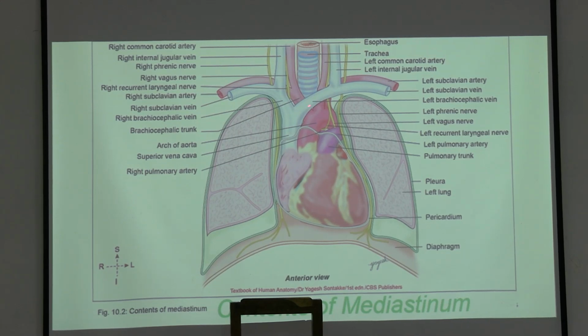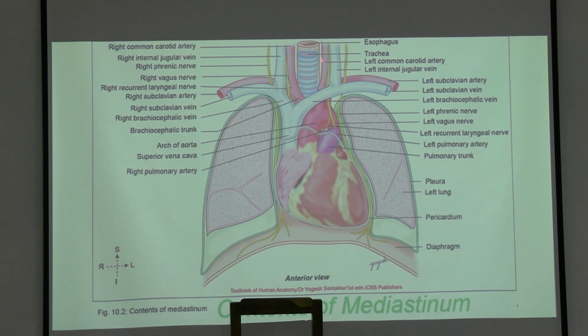We can see vein, artery, nerves, and also we can find this is the windpipe, that is the trachea, and behind which we get the esophagus.